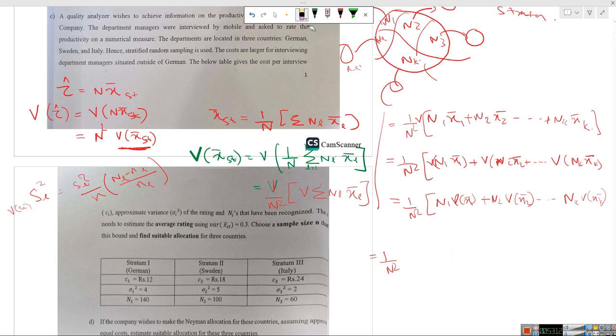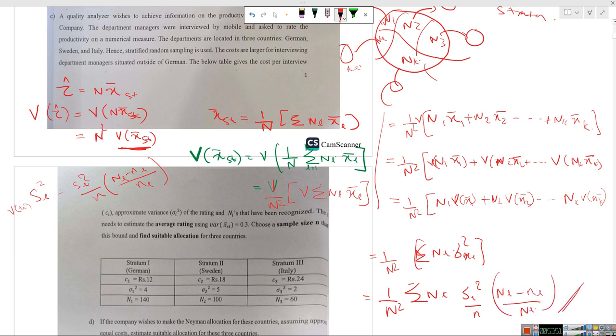Now this can be written as the variance of this one. So instead of the variance of the sum, I can replace it with 1 over n squared summation Ni squared times Si squared divided by ni, times Ni minus ni divided by Ni, right?